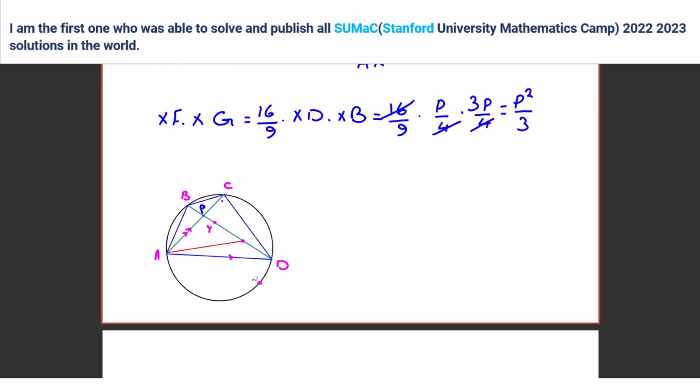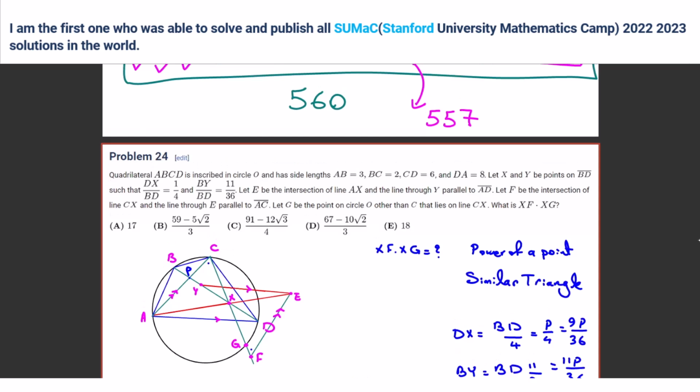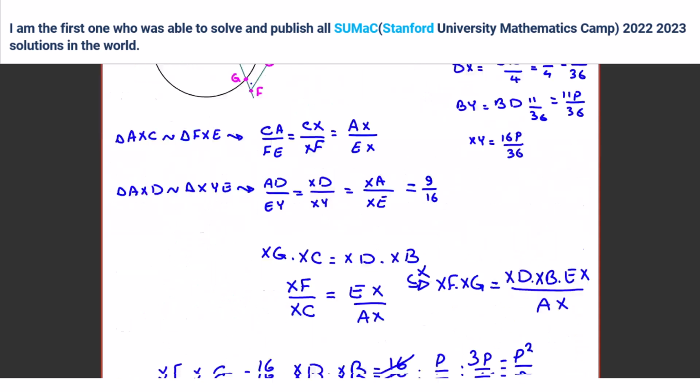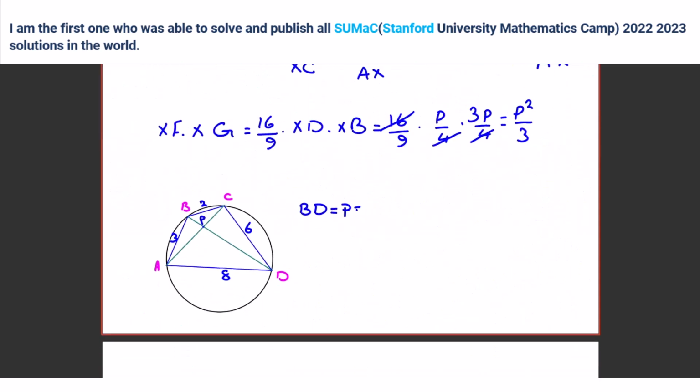So here, this one, BD is P. And this one is 3, this one is 2, this one is 6, 8, right? Yeah. 3, 2, 6, 8. Okay, and this one 11, 36. So you should find what P is. Do you want a hint or want to try this on your own?